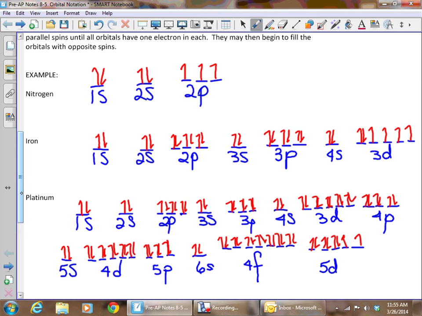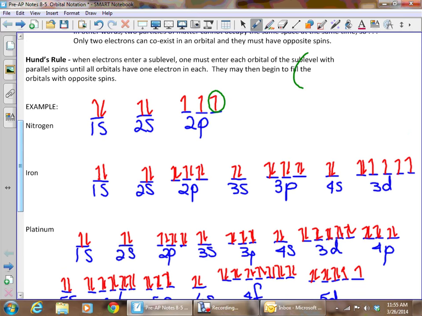For instance, if we look at the very last electron that is drawn into our orbital notation, which is usually the one we're looking for a quantum number set for, we can find this address for that electron, the quantum number set, by looking at the principal quantum number, the subsidiary quantum number, the magnetic quantum number, and the spin quantum number. These are the designations we talked about in the notes a couple of days ago.